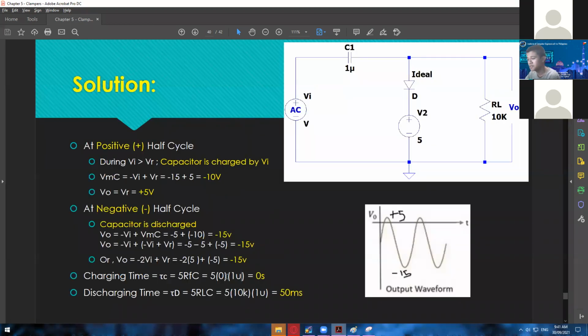Any number that is multiplied by 0 is equal to 0, of course. And then the discharging time is 5 times RL. RL is 10K, and then times C is equal to 1 microfarad. As a result, we have here 50 milliseconds or 0.005 second.